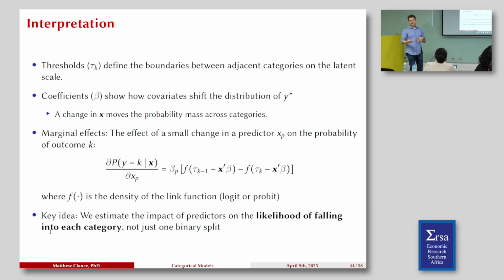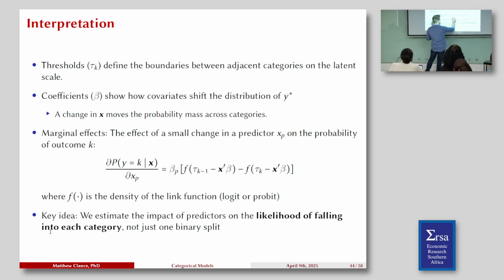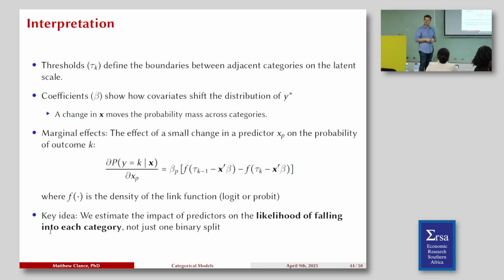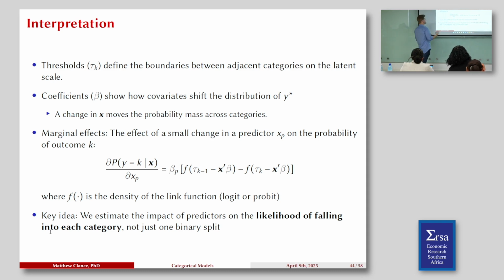So it looks more complicated, but it's mainly the fact that we just need to know the cut points and that linear prediction, and then we're back into our world of just pushing it through the logistic or the normal. Okay? So don't let that scare you. It's basically just letting the program go through and estimate the cut points, and then a lot of the steps remain the same.